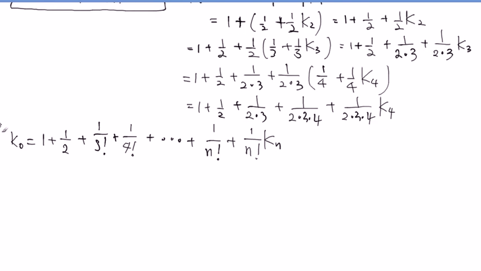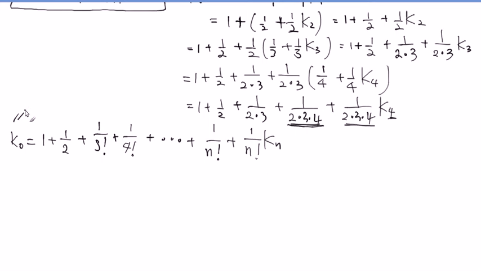Yes, go ahead. Wouldn't the previous term be 1 over (n minus 1) factorial? No, this number here, n factorial and 4 factorial, and that 4, they're all the same. So you can do that: it's (n minus 1) factorial, K_{n-1}. That's fine, but you have to keep it all in the same letter. Is that good?